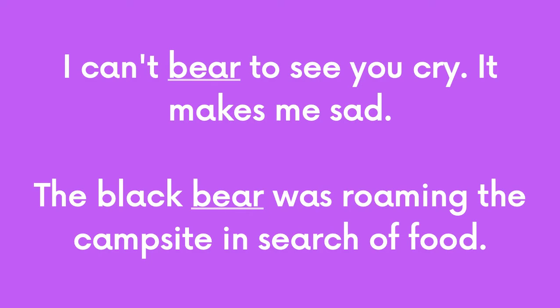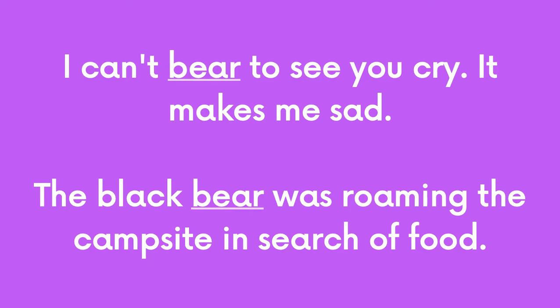And the second sentence says, the black bear was roaming the campsite in search of food. So in that example, we're thinking specifically about a mammal. We're thinking about the animal, the noun, the actual bear, the image that we saw on the last slide.